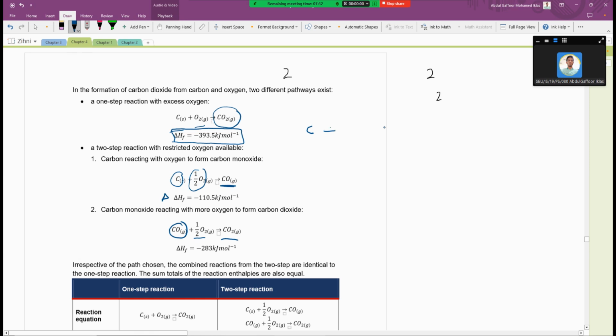We can write it in this way also. Carbon plus O2 becomes carbon dioxide. Now let's say carbon monoxide is formed, then plus half O2, carbon monoxide is formed. One mole of carbon dioxide gas should be formed.